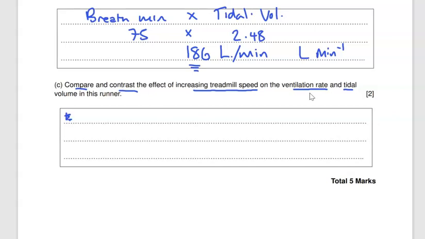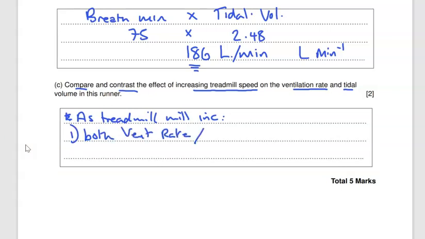So if we begin with, as the treadmill speed increases, I'm sure you'll do a better job at laying out than I'm doing here, then state the obvious that both the ventilation rate and the tidal volume increase. That would certainly attract a mark. But we're looking for a second one.